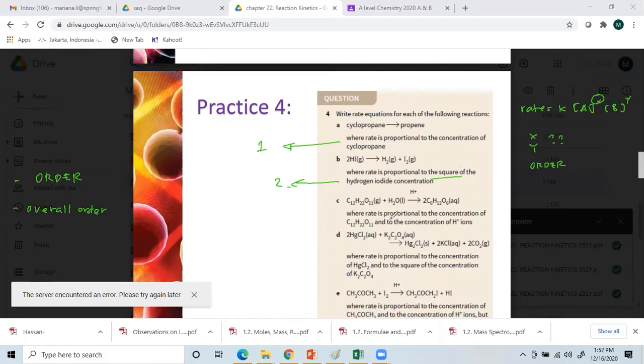For C, there are two reactants here, which are sucrose and H plus. So first order for each reactant: first order for sucrose and first order for H plus, but the overall order is 2 because 1 plus 1 is 2. Okay, how about D?